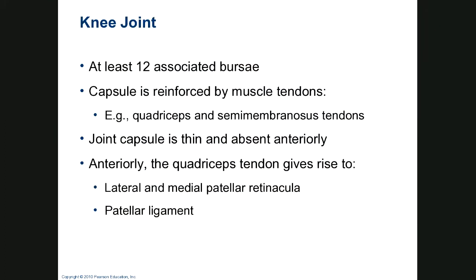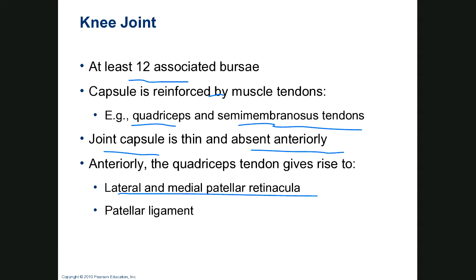We have muscle tendons. Okay, the quadriceps and semimembranosus tendons reinforce the joint. Joint capsule is thin and absent anteriorly. The quadriceps tendon also breaks off into the lateral and medial patellar retinacula and the patellar ligament.